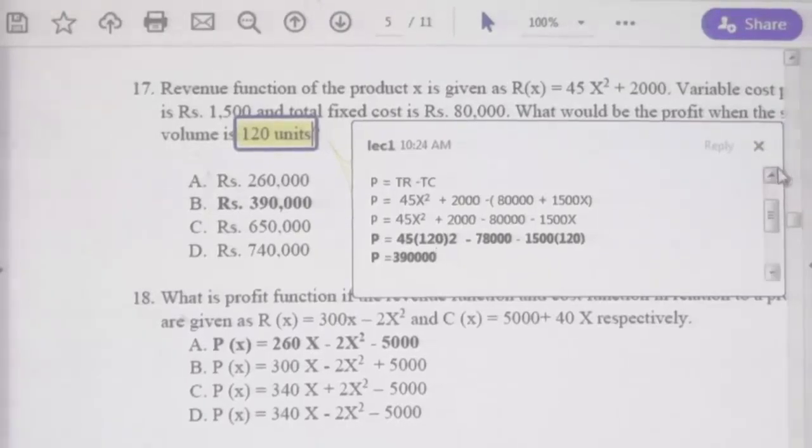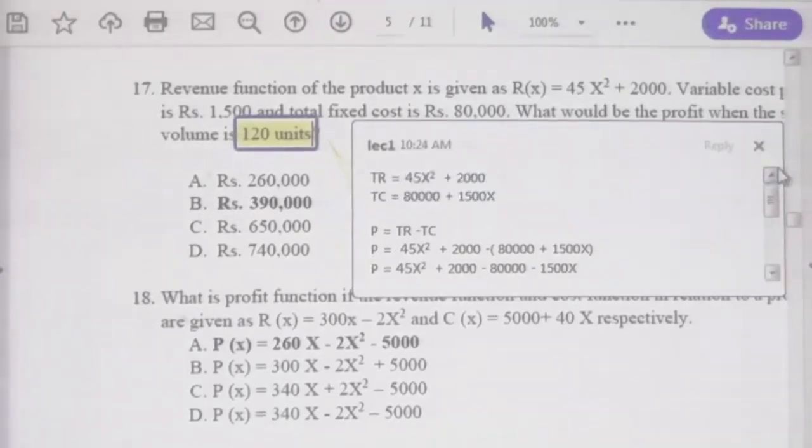Now I will give another simple method. Once you reach this total revenue and total cost function, apply x here, that is 120. Then apply x here, that is 120.